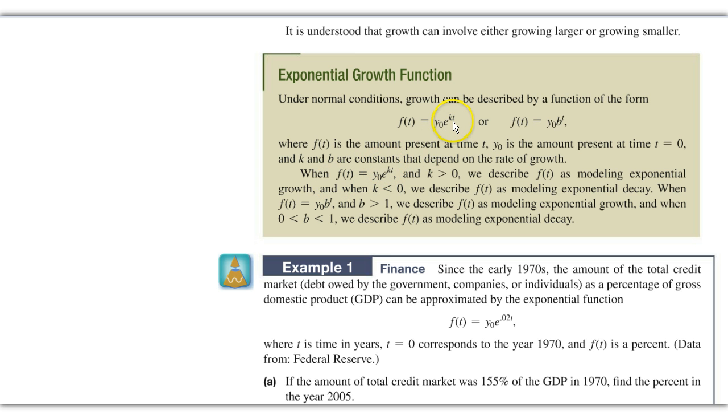When k is less than 0, we're modeling exponential decay. That is, the curve will be going down. Okay, so we'll take a look at this and see some examples.